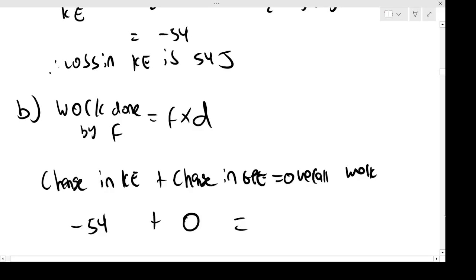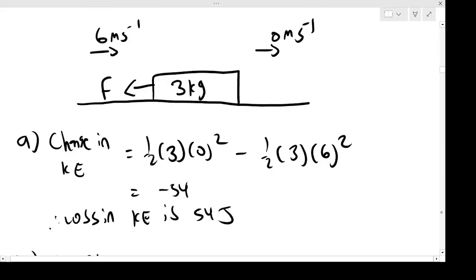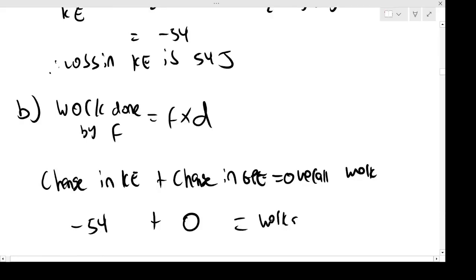Now, the overall work is going to be the work done forwards, take away the work backwards. So the work done by the forwards force, take away the work done by the backwards force.